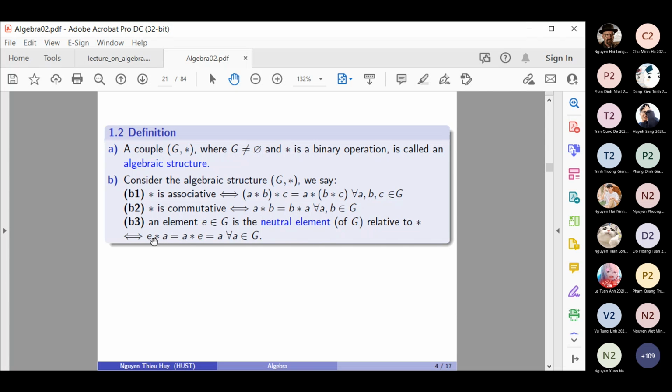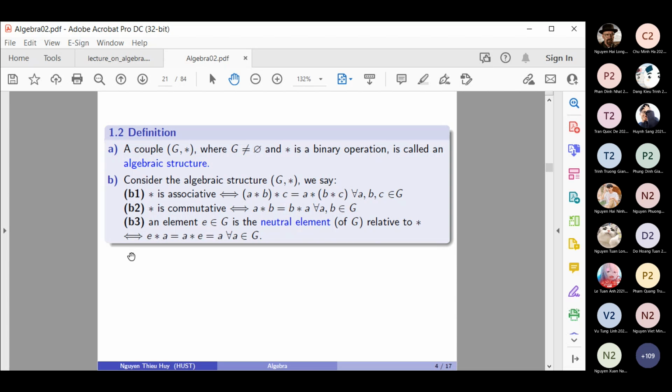This means when you operate A with this neutral element, in any order, it doesn't change A, so you still obtain A. This is why the name is neutral. It does nothing. It doesn't change anything. So neutral element relative to the star, of course.